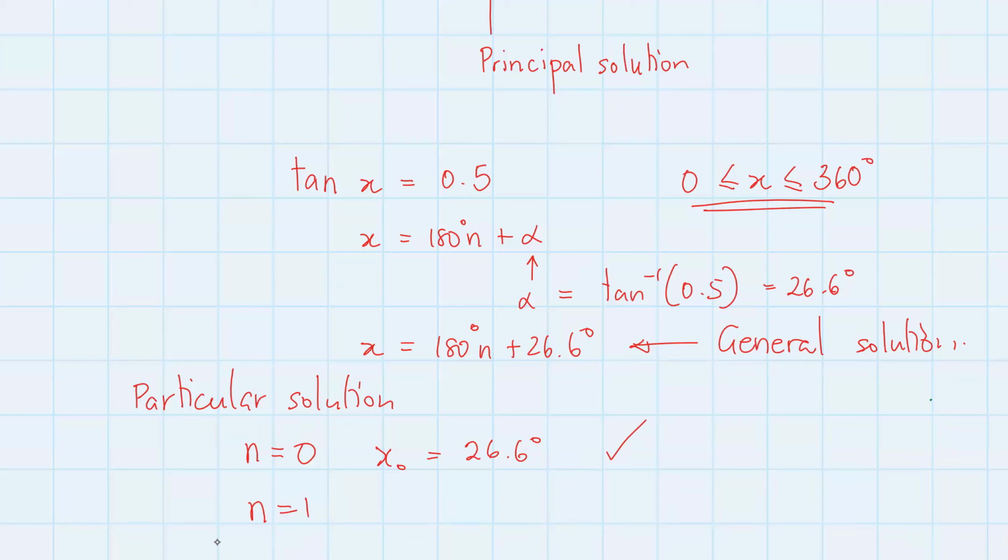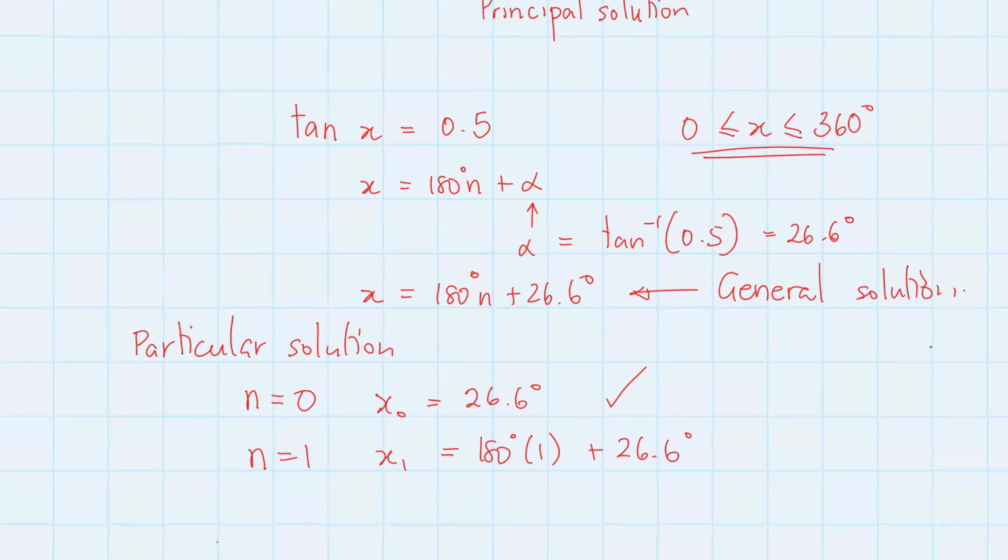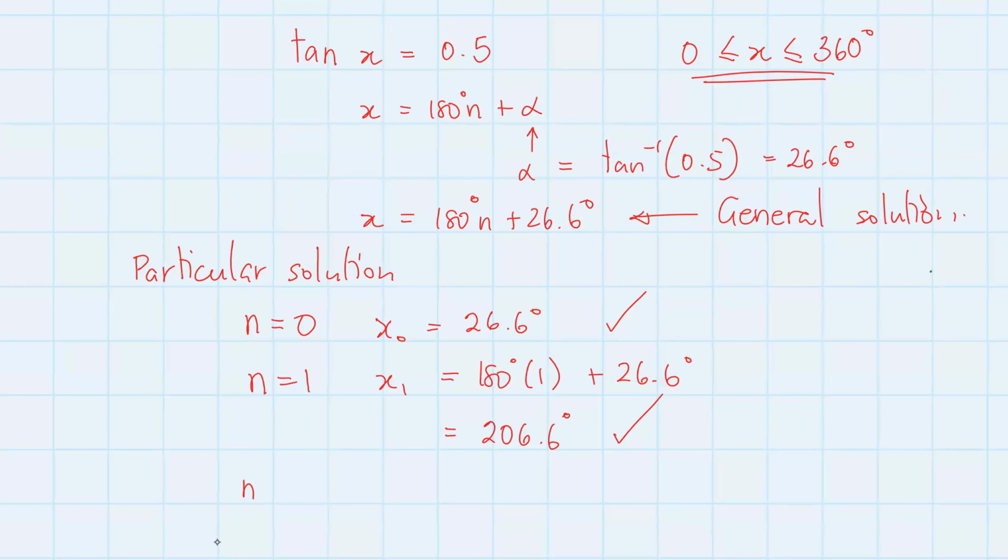If I go n equals 1, x1 is 180 degrees times 1 plus 26.6 degrees, which is 206.6 degrees. Is that between 0 and 360 degrees? Yes, it is.